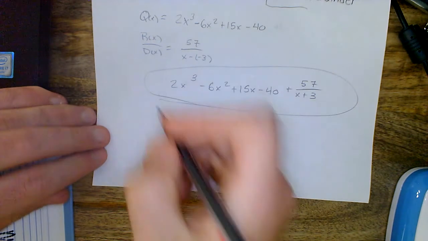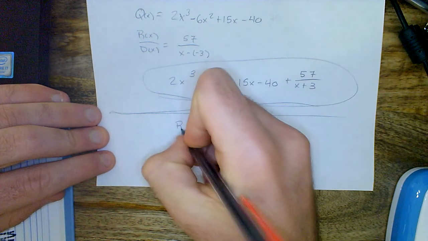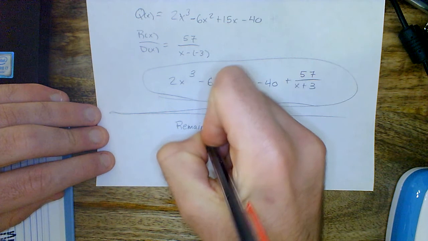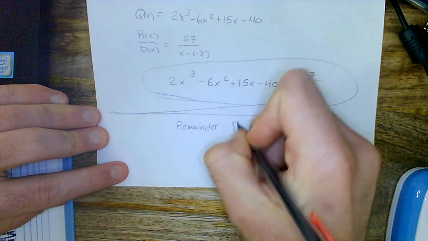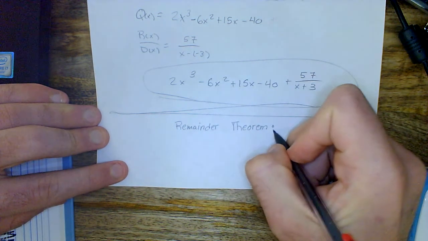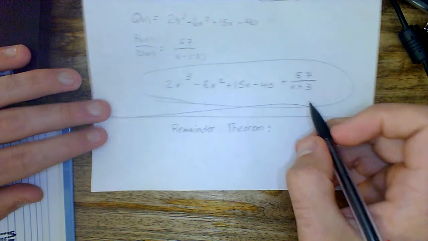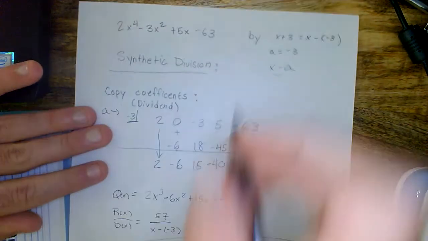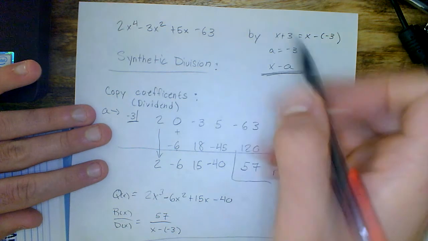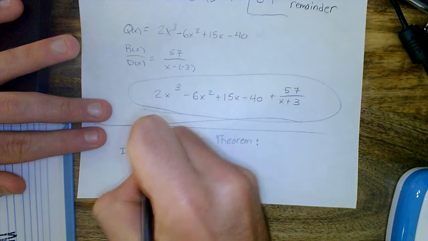Okay, the next thing we need to talk about is something called the remainder theorem. So again, I cannot stress this enough. The synthetic division only works when your divisor takes this form. And this is where the remainder theorem comes into play too.